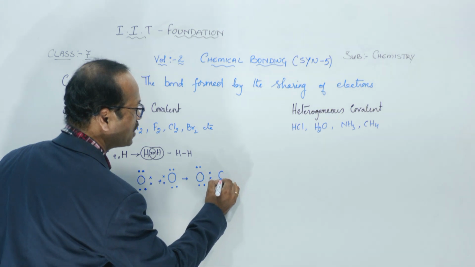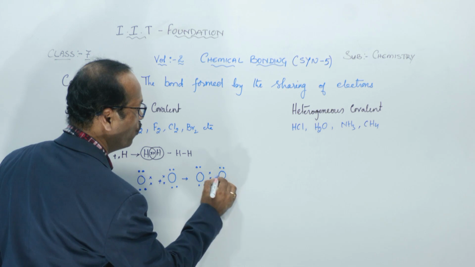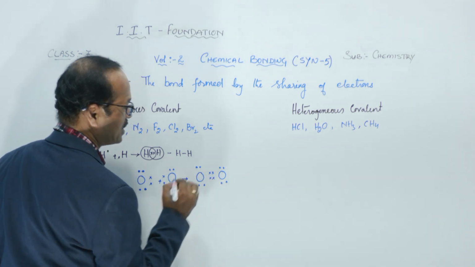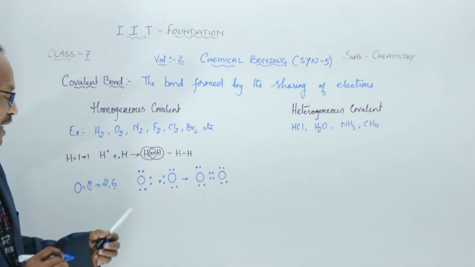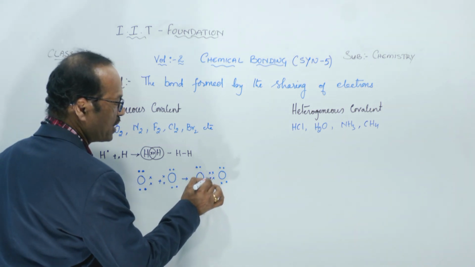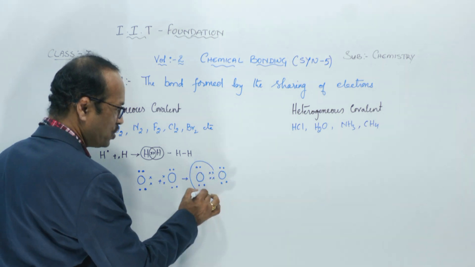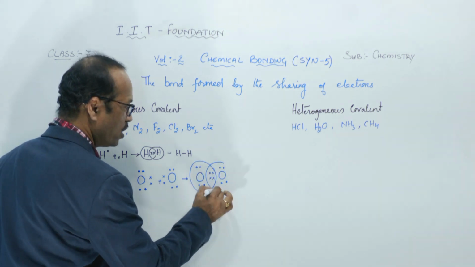The other oxygen, 1, 2, 3, 4, 5, 6. This oxygen is providing 2 electrons, this oxygen is providing 2 electrons, and the total 4 electrons are shared by both oxygen atoms.